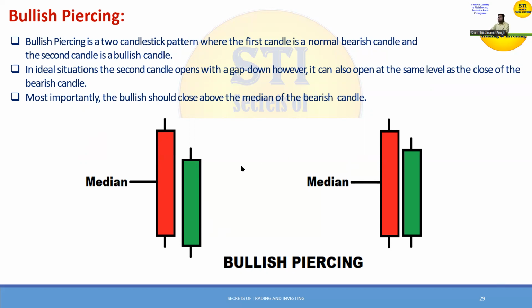If such a formation is there, it is known as a bullish piercing, and it is a sign of a bullish candle. Whenever such a formation happens in any time frame, we may forecast that the overall trend of the stock may reverse or go bullish afterwards.